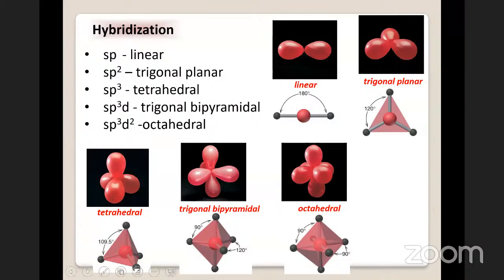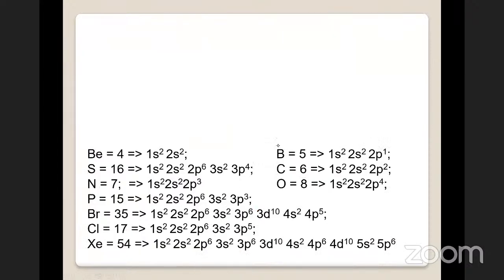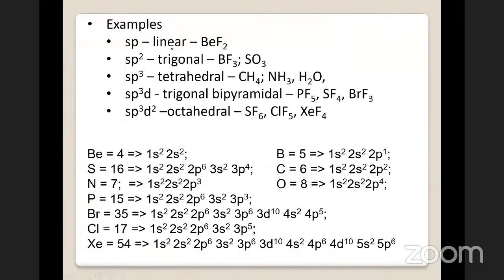So two forms of angles are in trigonal bipyramidal. Then in octahedral, you have a coordination number of 6, and the angle between them is 90, both axial and equatorial. We're going to speak to each of these in better detail as we move on in the class.